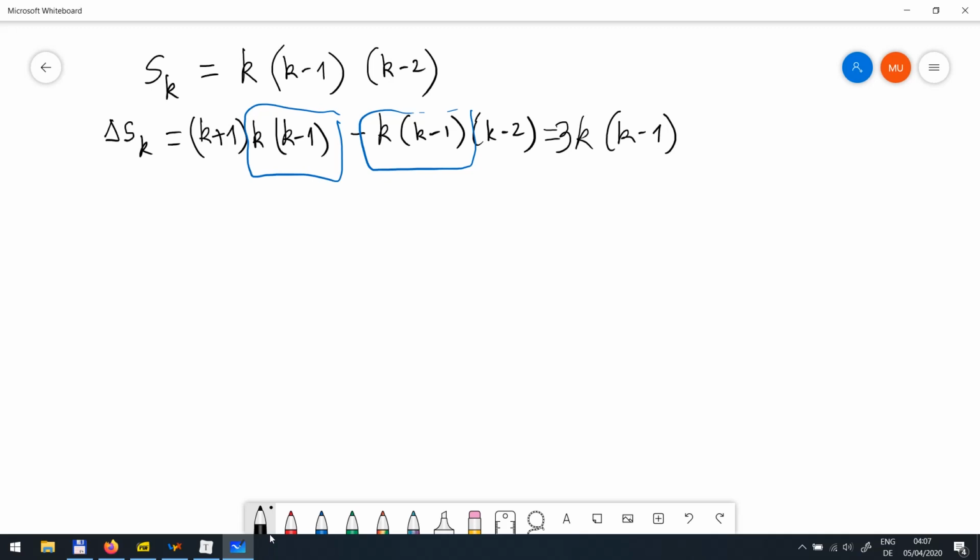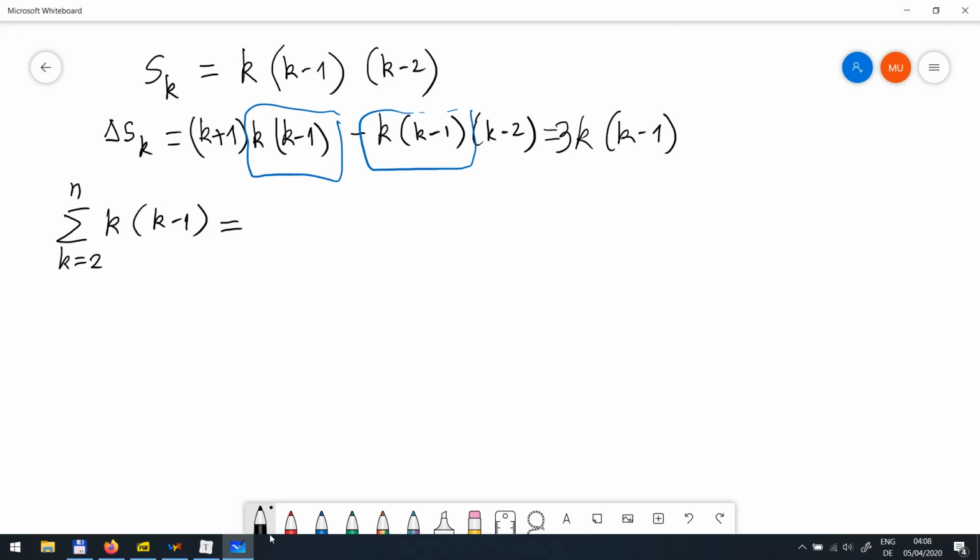Now this suggests that I can attack sums of this form, k times k minus 1. K goes from, this time I go from 2 to n, because if I set k equal to 1, that 1 minus 1 will cancel out and I will start with a 0, so there is no point writing that.